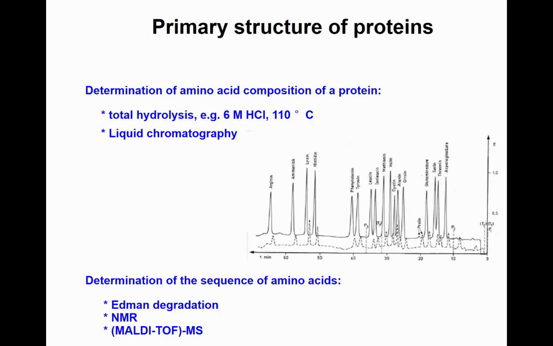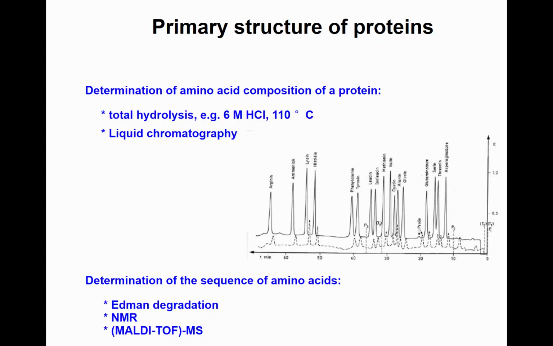How do we determine the primary sequence, composition, and sequence? First of all, you want to determine the composition of amino acids. How do we do that? You break the protein down to its amino acids by hydrolyzing the peptides, using concentrated acid or concentrated base.